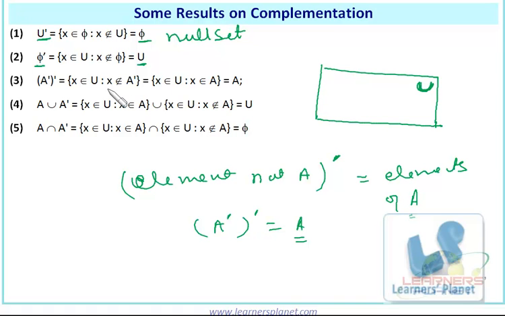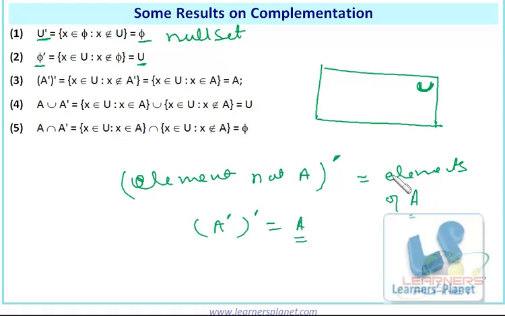X belongs to U such that X does not belong to A dash, or X belongs to U such that X belongs to A, and that is actually A. So A dash is elements which are not part of A, and A dash dash is equal to elements of A. You can take simple examples to understand this also.